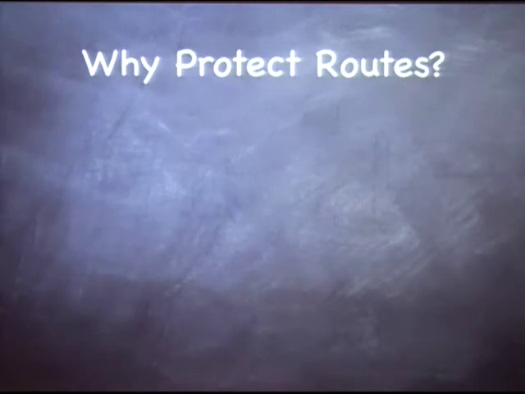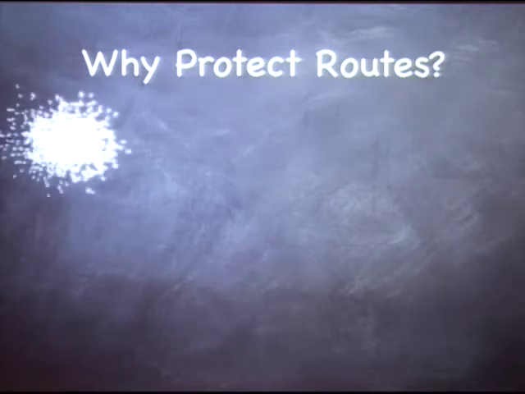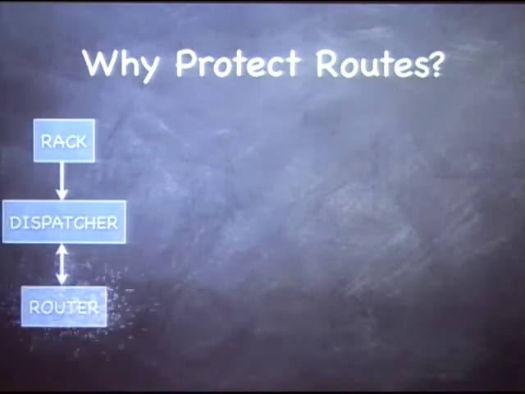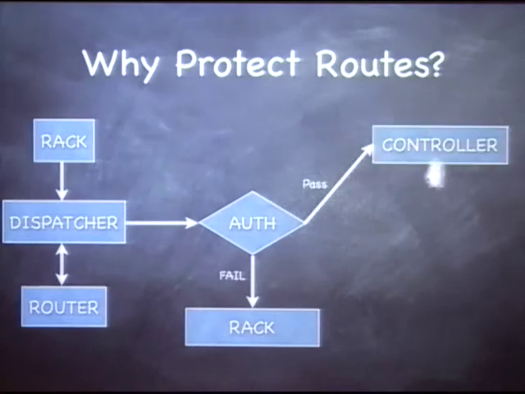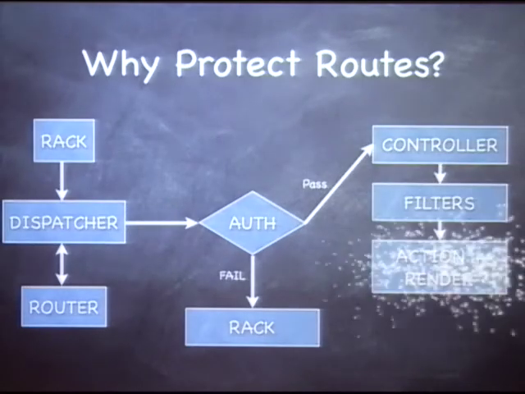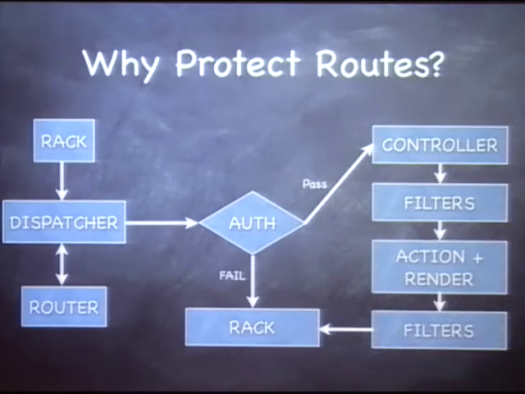So why would we want to protect the routes? Routes can sort of change a bit, and I guess the idea of what you might want to protect can change a bit, but one of the main benefits with why you would want to protect the route is because of the way that to fulfill a request and a response, all the different things that you need to do. If you come into the dispatcher, this is how basically Merb goes through the request response cycle.